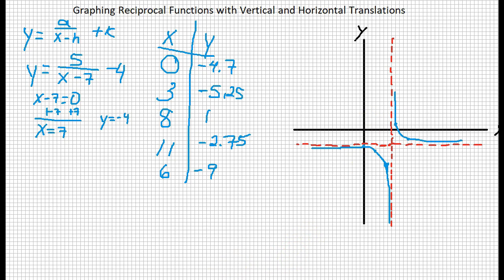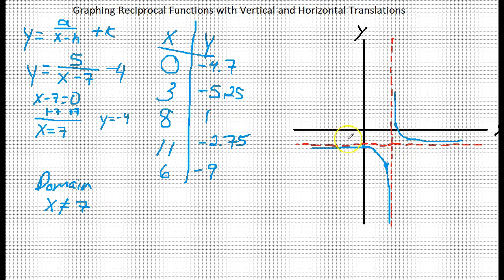Before you enjoy these, why don't we talk about our domain and range real quick? So domain: we mentioned it briefly. X cannot equal 7. Now, our range.